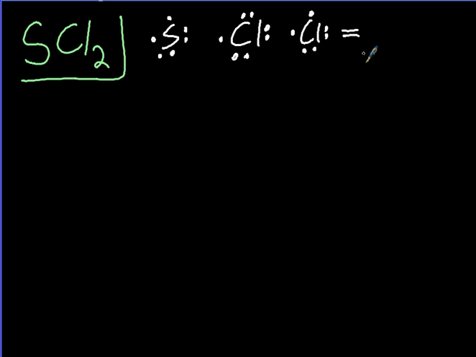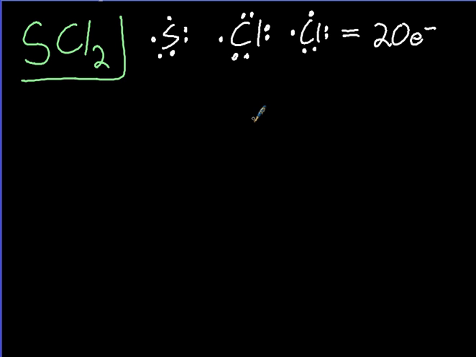That's a total of 7 plus 7, 14, 15, 16, 17, 18, 19, 20. That's a total of 20 electrons. So our Lewis structure, which we'll draw in a second before going to the VSEPR structure, is going to have 20 electrons.